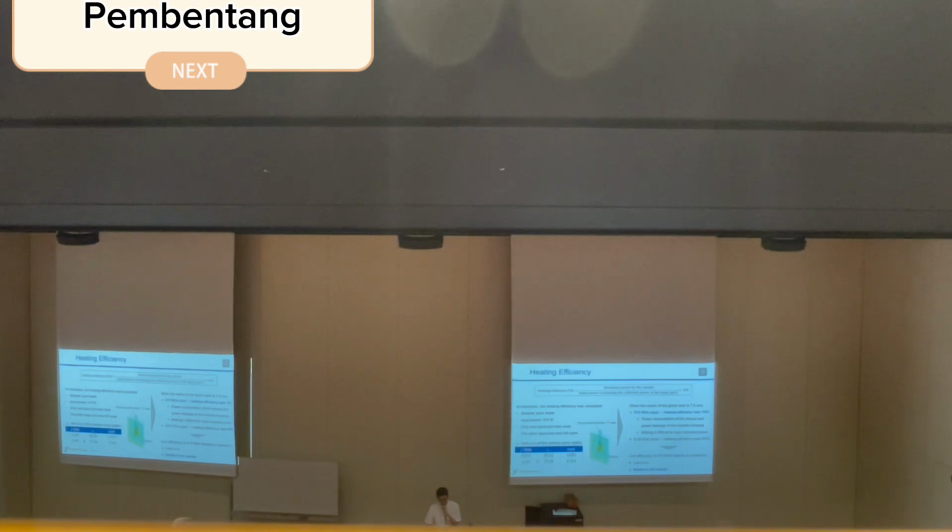The electric properties of pure water are shown here. So epsilon R and tangent delta are different if the frequency is different.